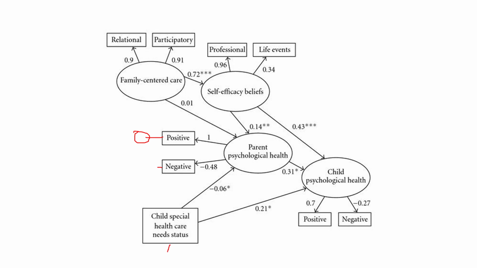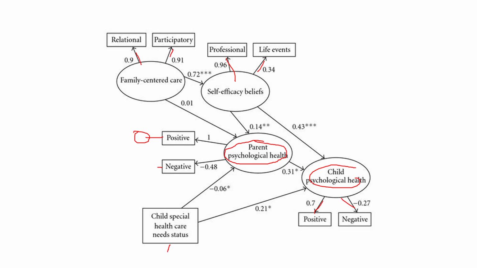So we have something here, parent psychological health is indicated by positive and negative psychological health. Child psychological health is indicated by positive and negative. We've got self-efficacy beliefs with 2 indicators, and then family-centered care with another 2 indicators.